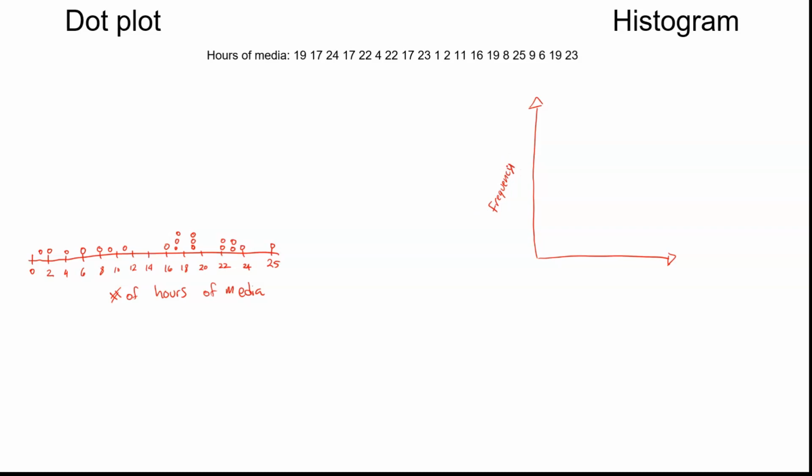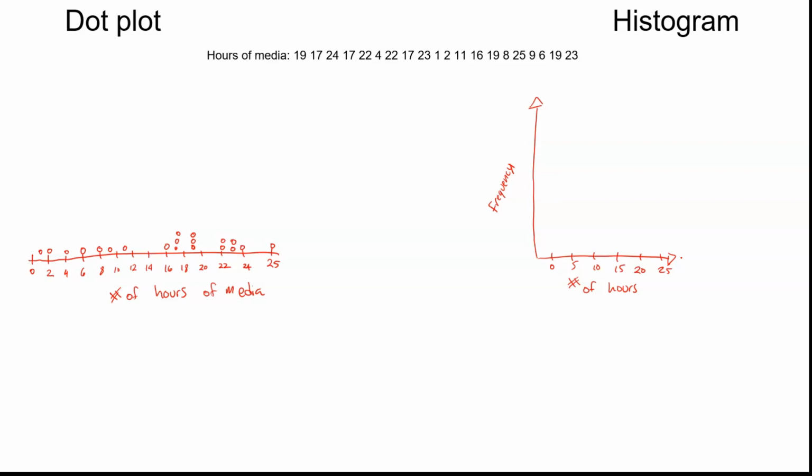And then my x-axis is going to be, again, the number of hours. Now, what differs here is that I am going to label this a little bit differently. I am going to label this 0 right here, 5, 10, 15, 20, and 25. Okay?